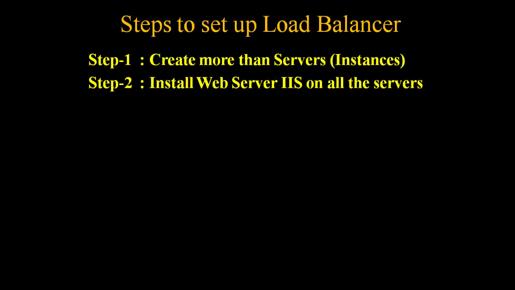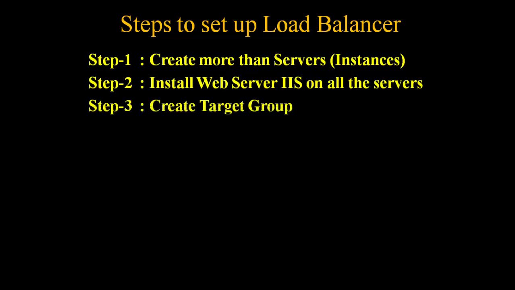For that we can host our website or application on all the servers, and for that a web server is required. So either we can use XAMPP server or we can use IIS. In today's video I will install IIS on all the servers.